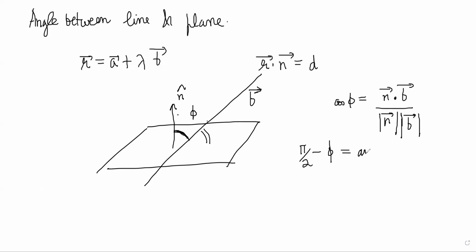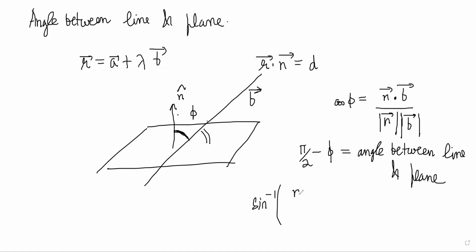Because right now what we have is the angle between the line and the normal to the plane. So it is pi by 2 minus cos inverse of this, which is sine inverse of N dot B by mod N mod B. That is your angle between the line and plane, so you should know that.